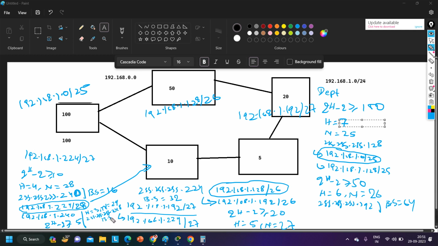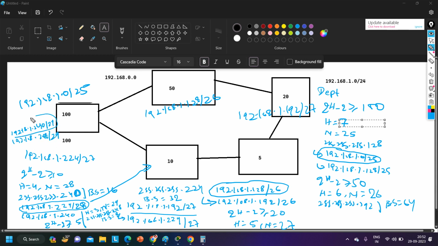Block size 8. So your network is this one, 192.168.1.240. First network will be again the same, 192.168.1.240/29, and the second network is 192.168.1.248/29.